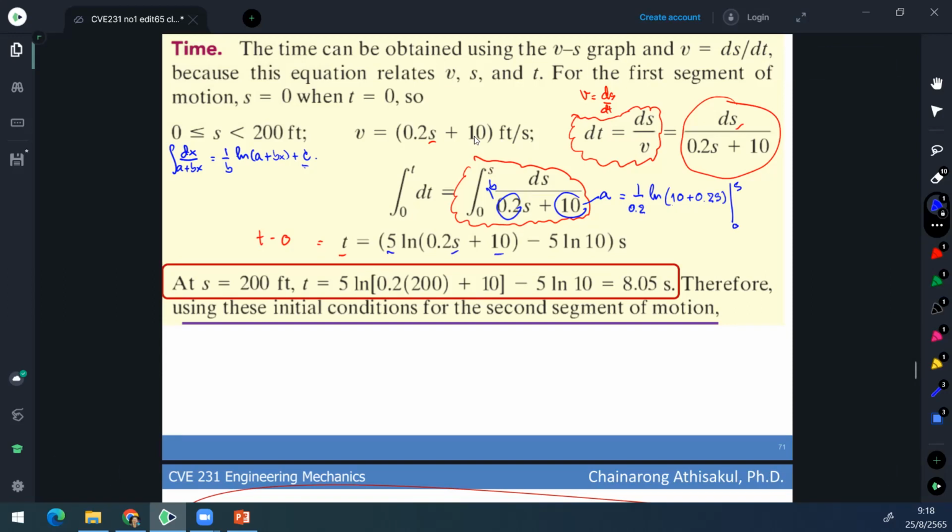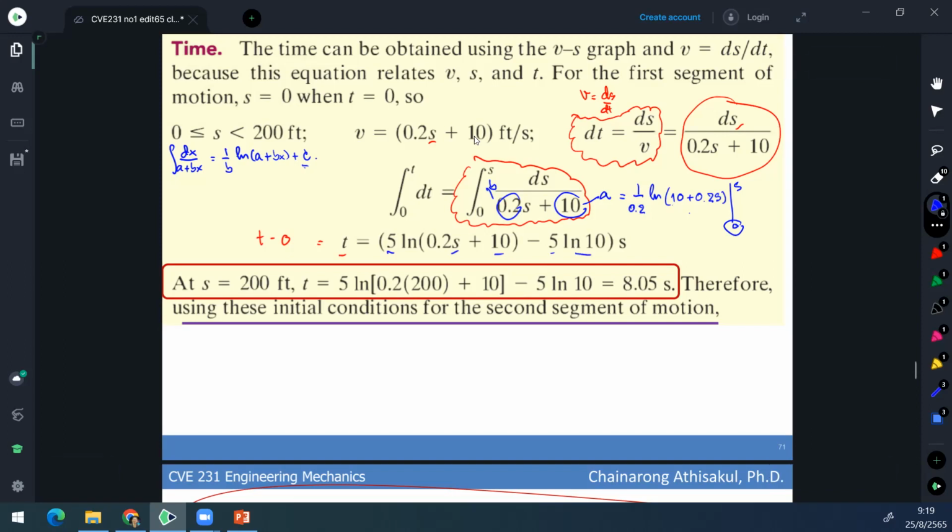And don't forget to substitute s equal to 0 into this term also. Then 1 over 0.2 becomes 5, and when we substitute s equal to 0, we have just log 10.